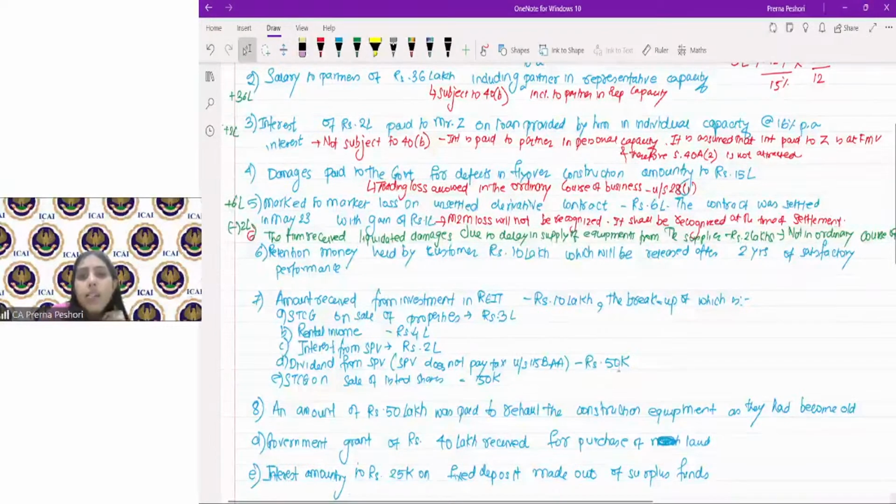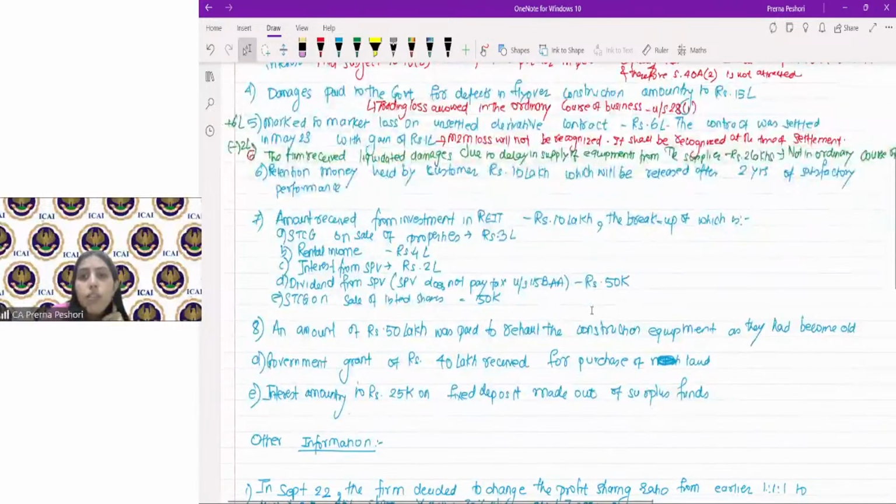Retention money held by customer, 10 lakh, which will be released after 2 years of satisfactory performance.